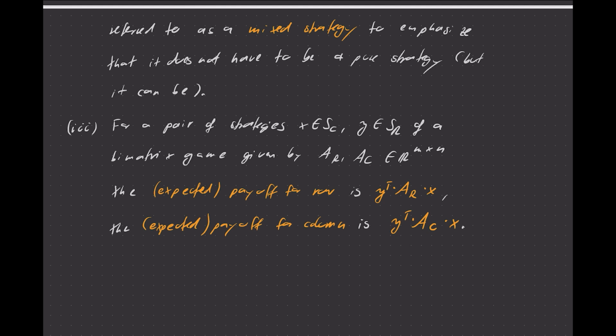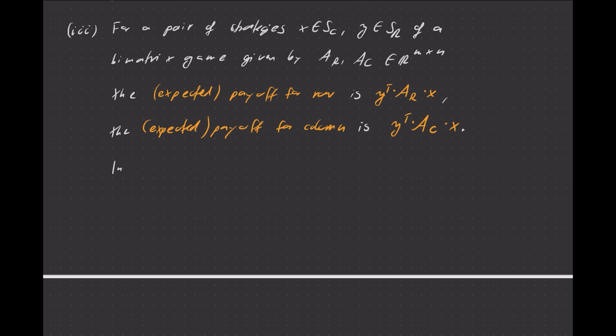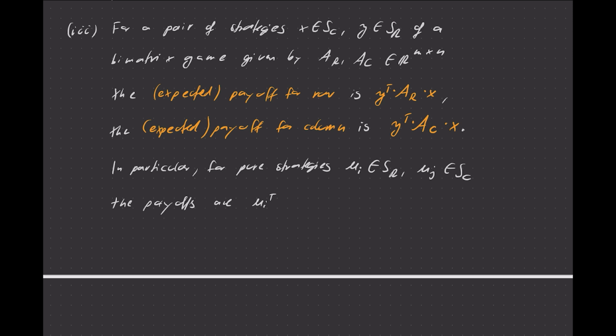Okay, so in particular, for pure strategies, those would then be unit vectors. So let's say I have the ith unit vector for the row player and a jth unit vector for the column player. Then the payoffs are, well, the first is u_i transposed times A_R times u_j.